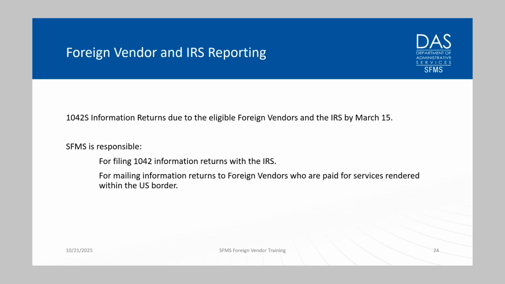But if you don't save it, then every single time you just let me know and I'll send it to you. It's really just a matter of grabbing it and pasting it into the email. So yeah, that's the part on foreign vendors.